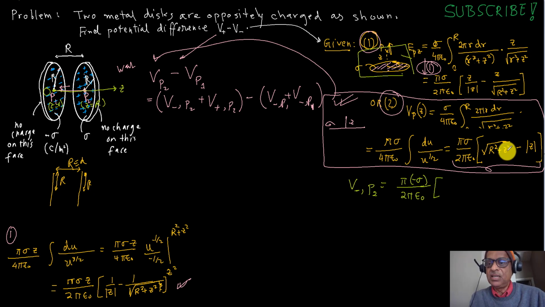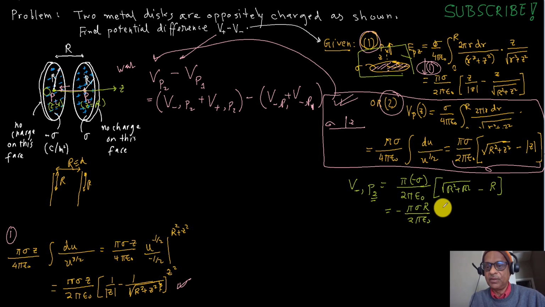And so z for P2, where we're evaluating, is going to be R. So this will be R squared plus R squared, and z is R, so this is just R. So you can see this answer is minus pi sigma R over 2 pi epsilon naught, and we can just put the minus inside.